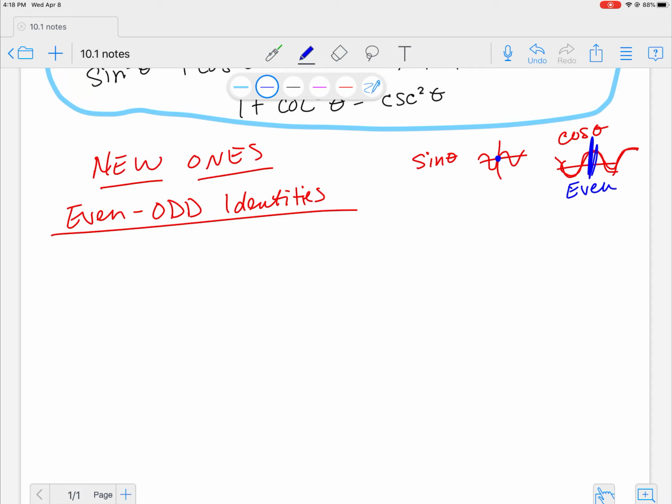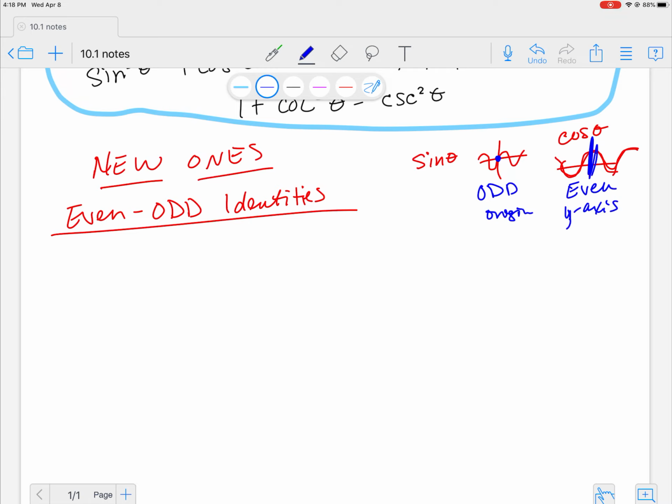So the reason why I'm bringing this up is because if I have symmetry about the y-axis and I'm folding it on itself, then I know that is an even function. So this is y-axis symmetry.